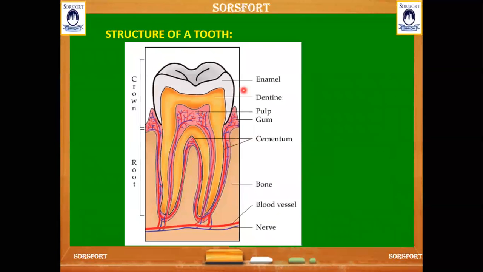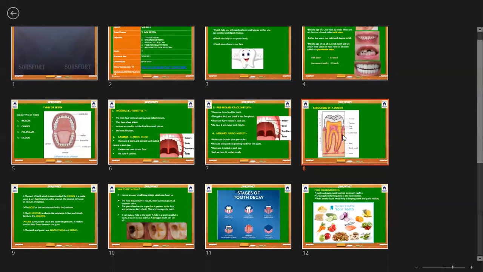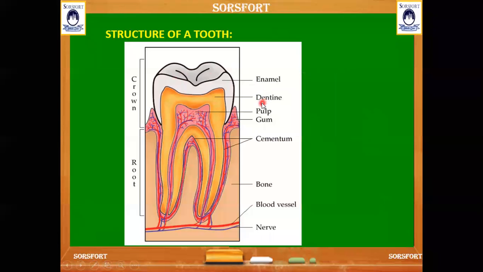And here's the structure of a tooth. Enamel, dentin, pulp, gum, cementum, bone, blood vessel, nerve. We can divide a tooth into two parts, the crown part and the root part.